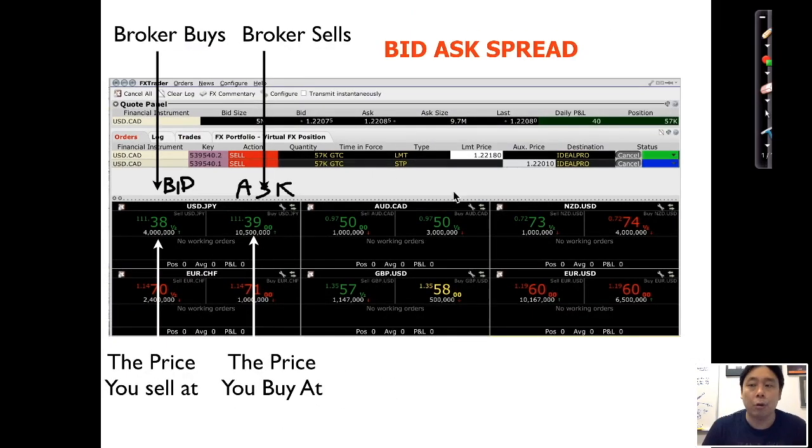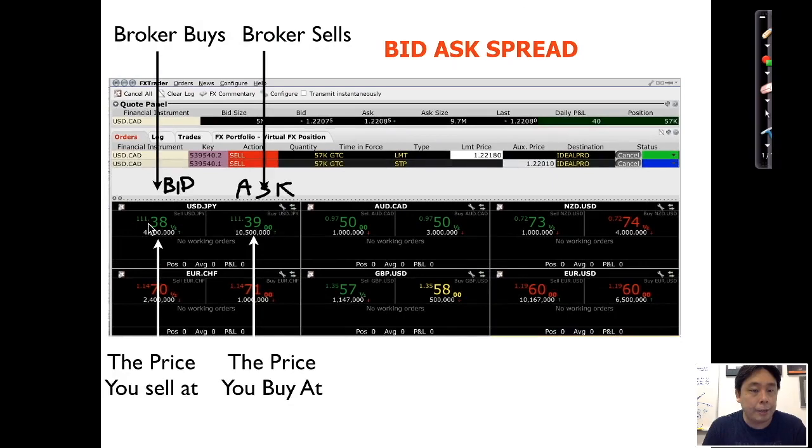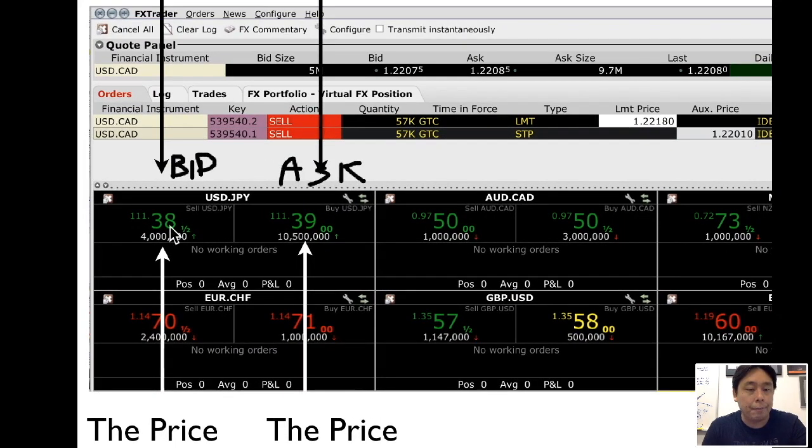Now, why is this important? Because some brokers' bid and ask spread could be as wide as 2 or 3 pips. For example, the bid is 111.38 and the ask could be 111.41. In that case, it's a 3 pip spread.